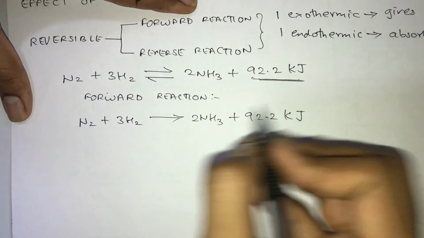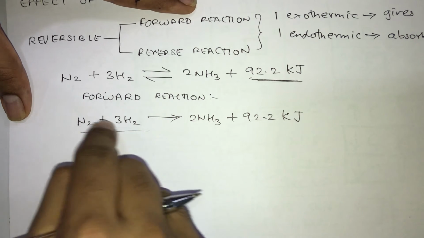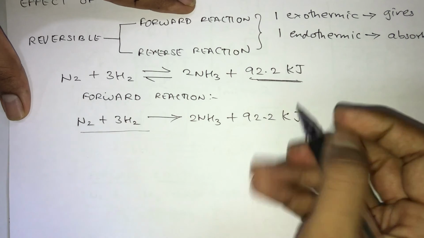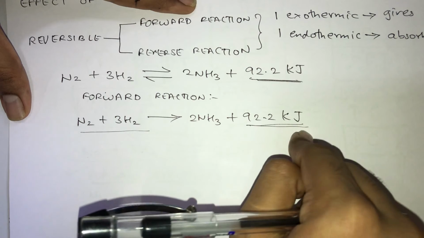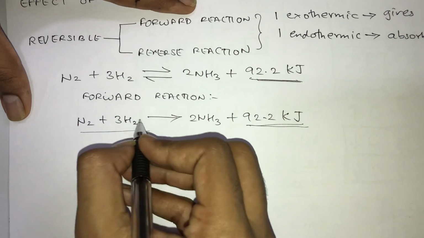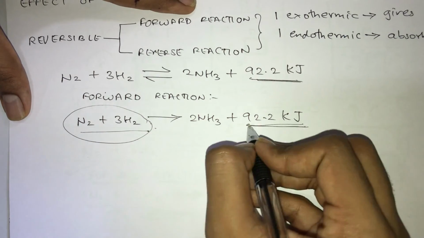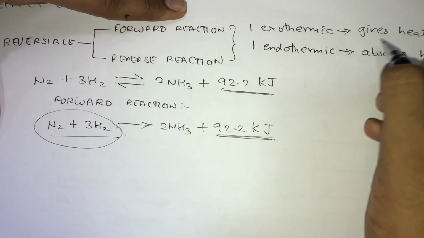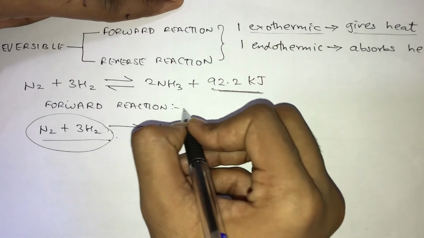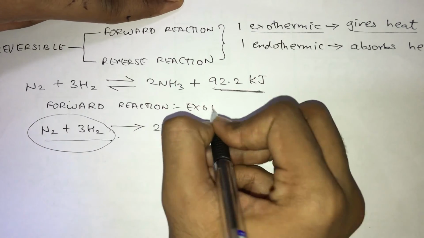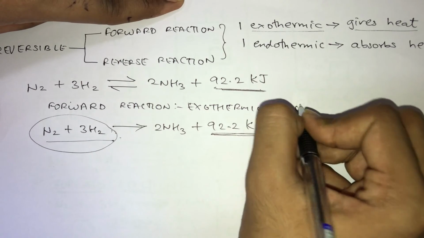Here, after the reaction of N2 with 3H2 is completed, we are getting 92.2 kilojoules of heat, which means that the reactants after reacting are giving away heat, and a reaction which gives out heat is called an exothermic reaction. So can I say your forward reaction is going to be an exothermic reaction?